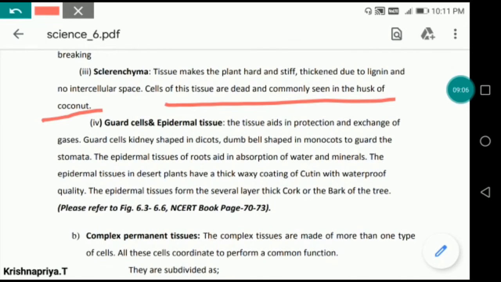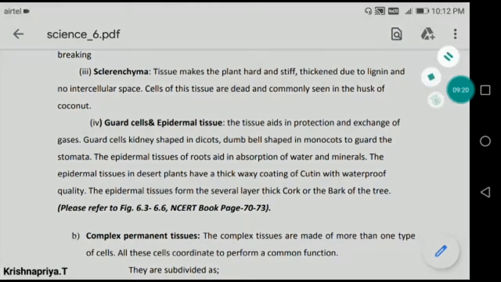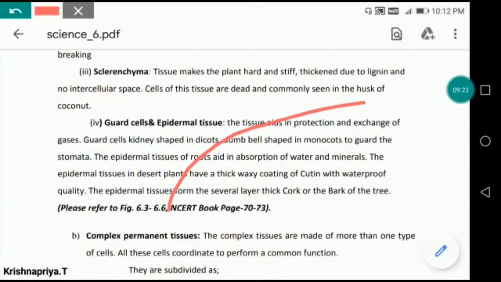Now another type of tissue is present in a plant. They are known as guard cells and epidermal cells. Where are they present? On the surface of a plant, pores are present. Suppose this is a leaf, and on the outer side of the leaf, pores are present.